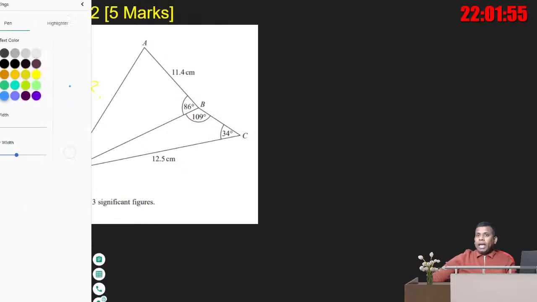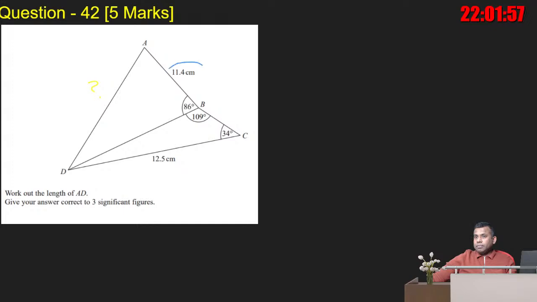We have a side and we have an angle. If I know this side, then by using the cosine rule I can find AD. So now this is the length I need to find out. If you think about this side over this angle, this side over this angle, that is the sine rule. So that's what I'm going to do.